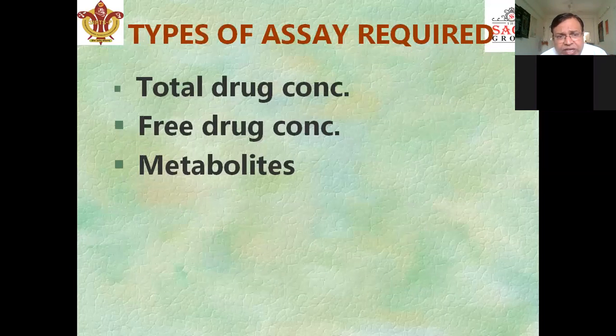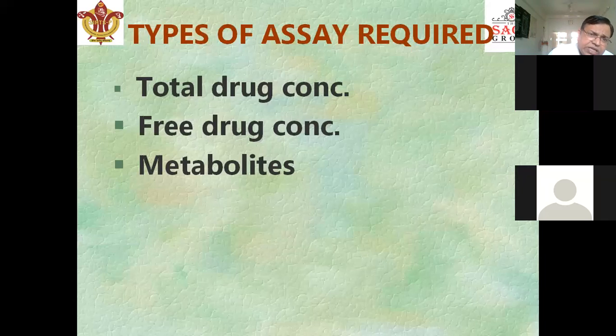Now, types of assay required: the total drug concentration, free drug concentration, and metabolites. These three things we are measuring inside the drug serum concentration or metabolites serum concentration, the concentration of active drug present in the body of the patient.